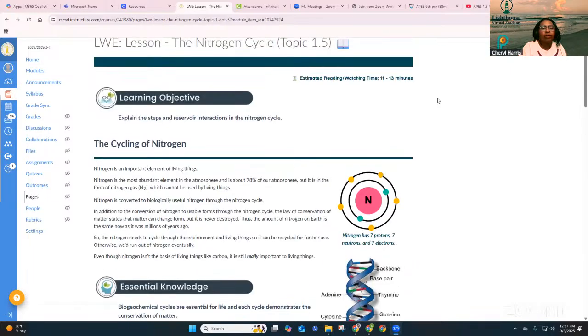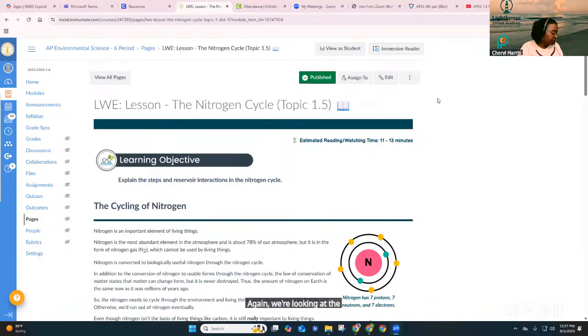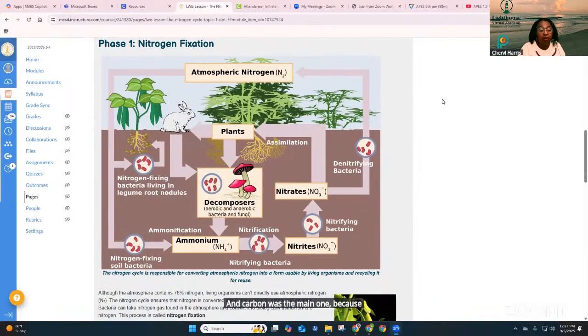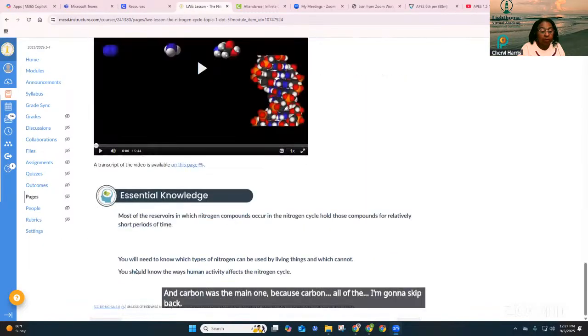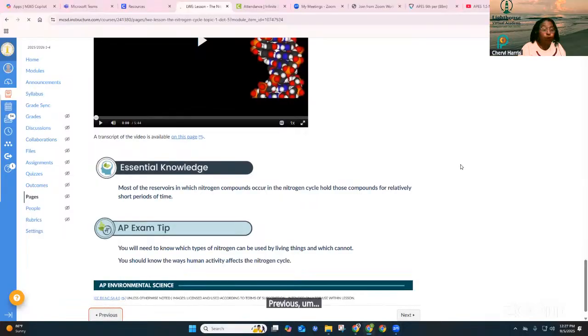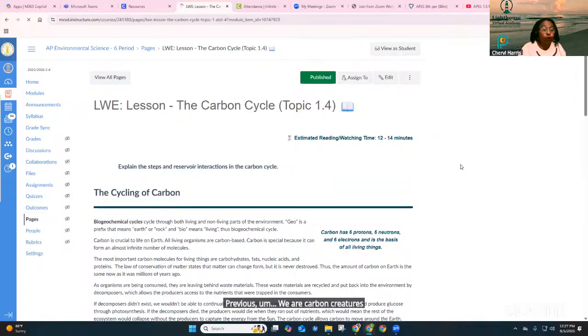All right, so again, we're looking at the nutrients that get cycled through an ecosystem. And carbon was the main one because, we are carbon creatures. We are organic creatures.